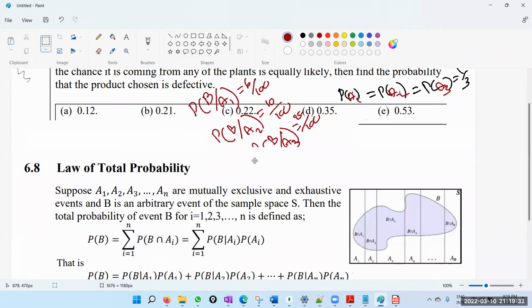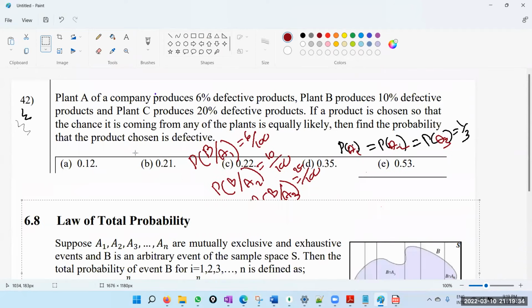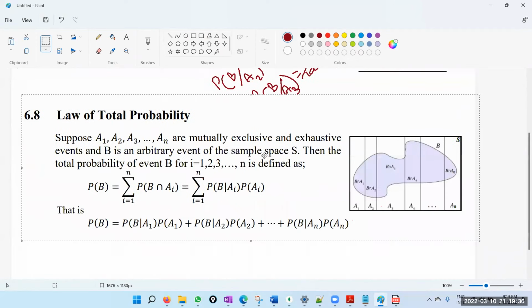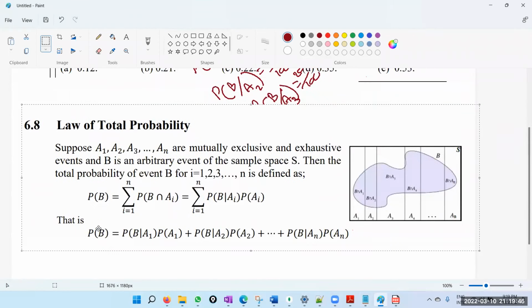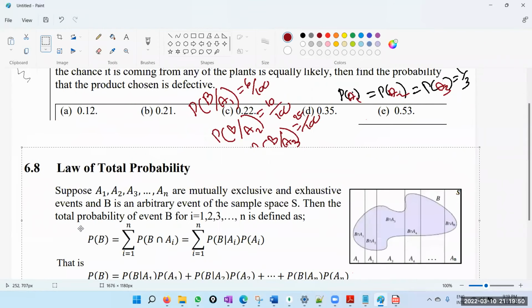Right? Because what they ask is, what is the probability that the product chosen is defective? It's something like, what is the probability of B? Same thing. If this shaded part is B, and this is A1, A2, A3, A4, AN.